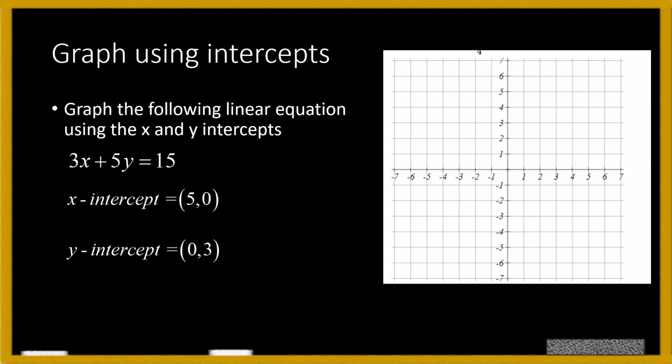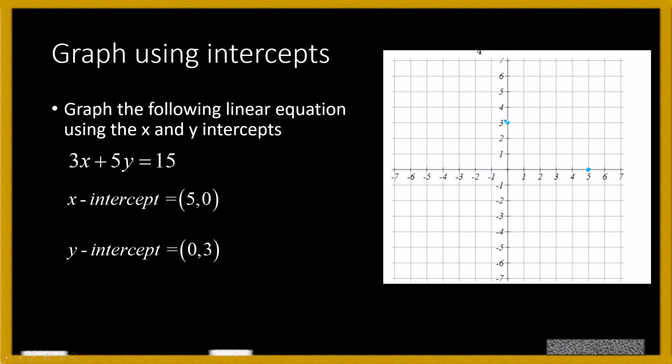Now that we have our x and y intercepts, we're going to graph them on this grid. Let's take the x-intercept, (5, 0). I go along the x-axis until I reach 5, and 0 means we don't go up or down, so I'll put my dot here. For the y-intercept, (0, 3), I go up the y-axis to 3.